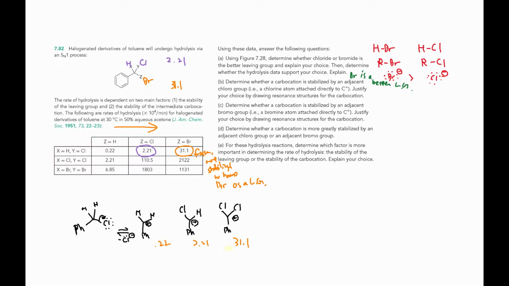As you see, the rate is increasing as we put more chloride on the carbocation. So this confirms, and this answers our part B, that yes, it's stabilized by having the adjacent chloro group. So the answer to that is yes.